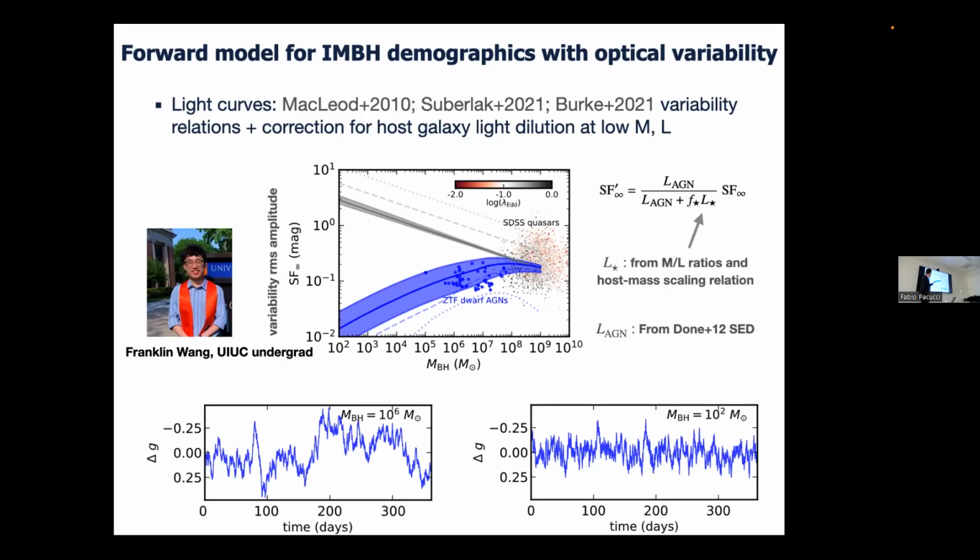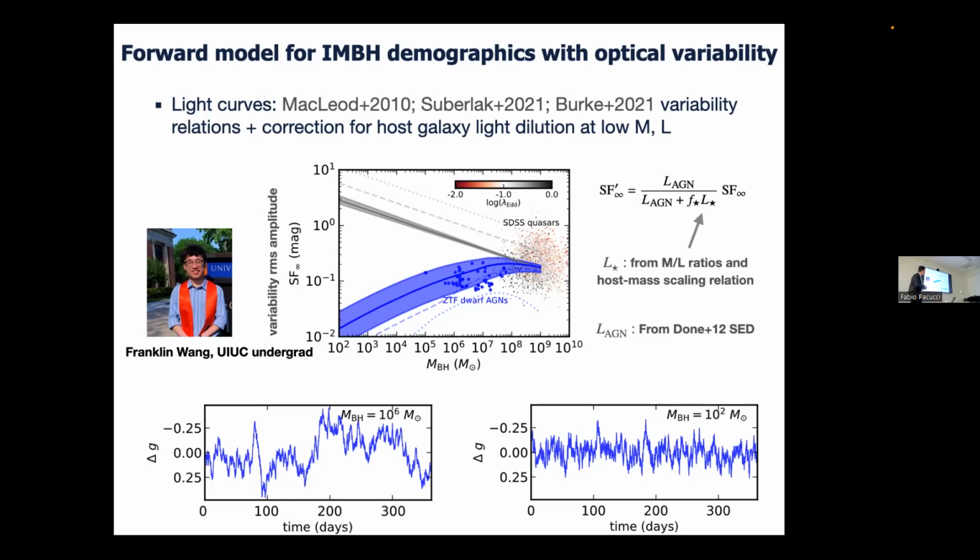What we've done here is plot the variability amplitude, basically the RMS amplitude of variability in magnitudes, versus the black hole mass. These are the results from the SDSS quasars. There is some dependence, actually quite a large dependence, on the Eddington ratio.